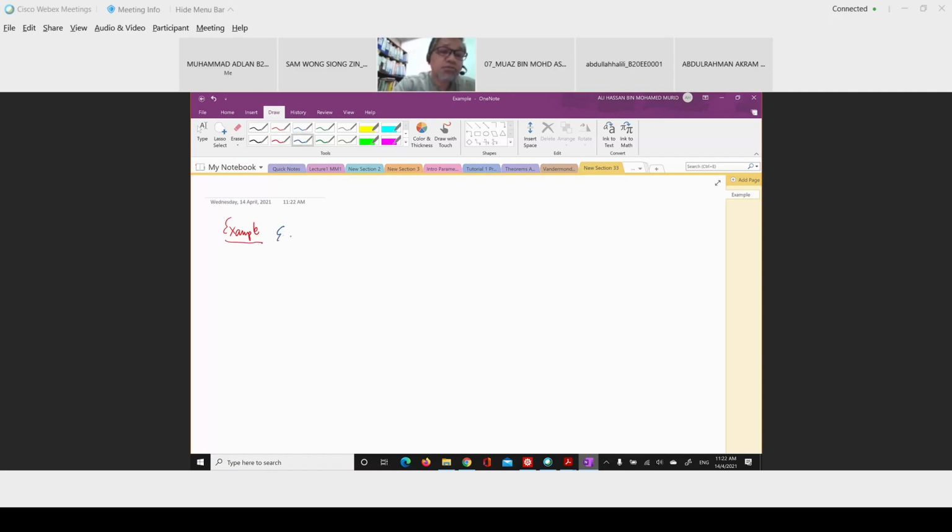First, we want to evaluate this double integral of x squared y cubed dA, where the domain D consists of all points (x,y) where x is between 0 and 1, and y is between -1 and 3.